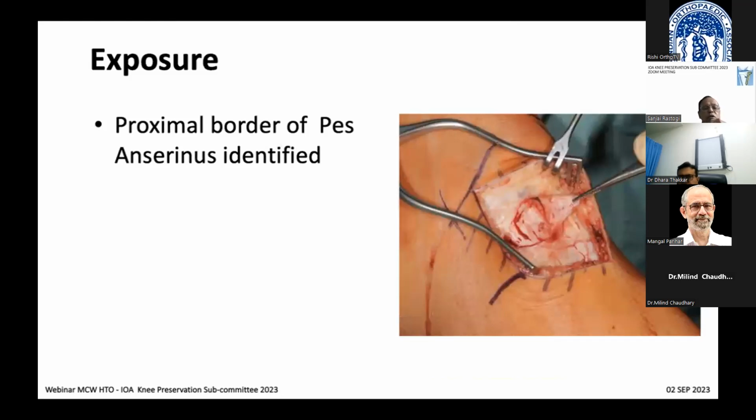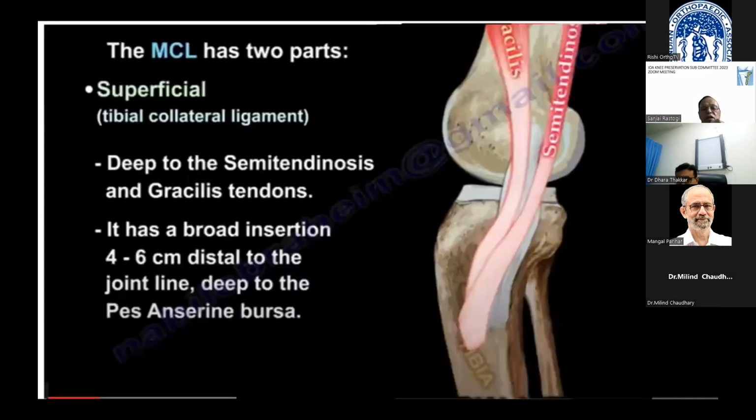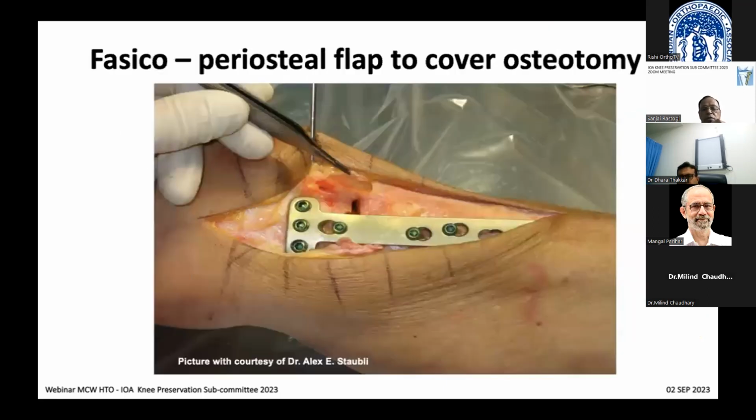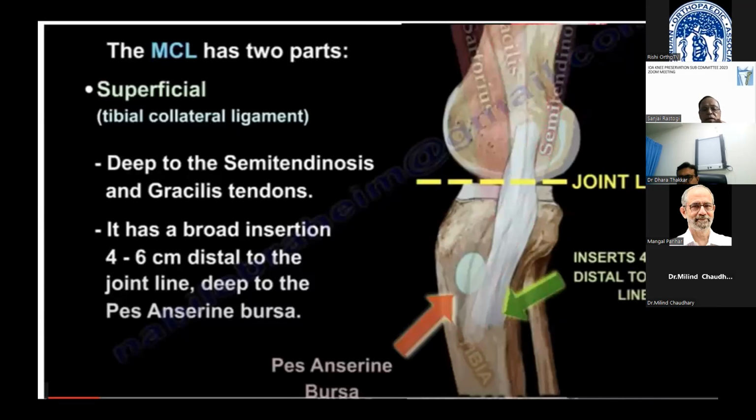For further exposure, the proximal border of pes is identified, and this is retracted through the pes bursa, which is at a distance of 4 to 6 centimeters from the joint line. This is the medial collateral ligament, which is attached posteriorly on the tibia.